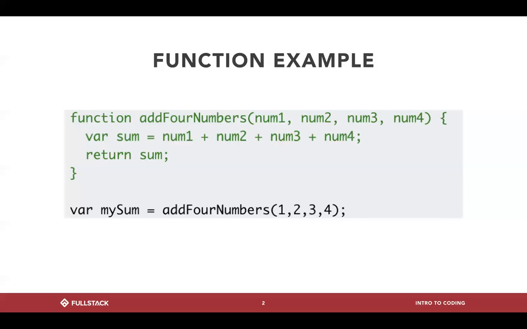Technically, the code inside of add 4 numbers is separate from the rest of the code. So in this way, it allows us to have a specific output, a specific result.